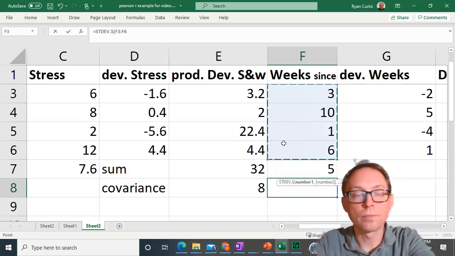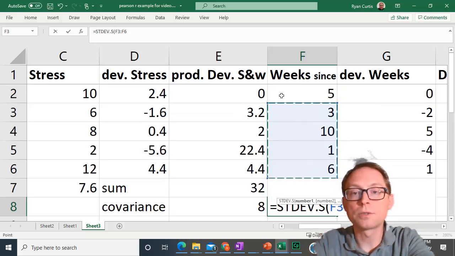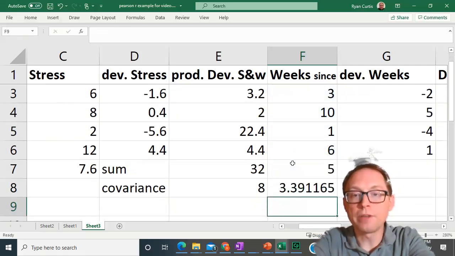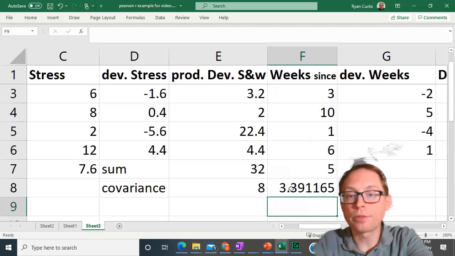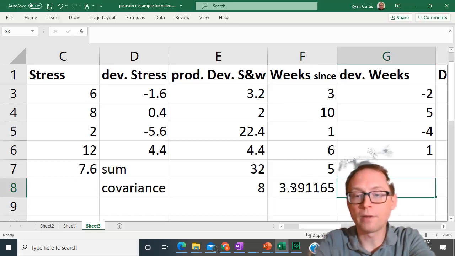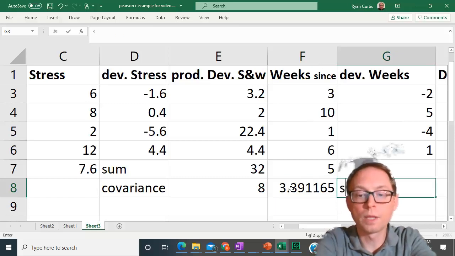Now in this case, I need to scroll up so I can get the original 5 scores. There they are. Okay? So the standard deviation of weeks is 3.39 whatever, right? That's the standard deviation of weeks. This one right here, 3.39165. I'll label it. So that is the standard deviation.